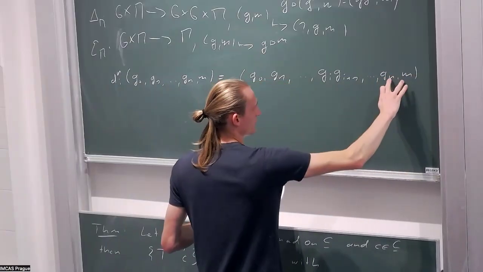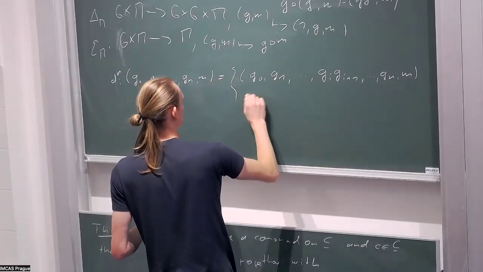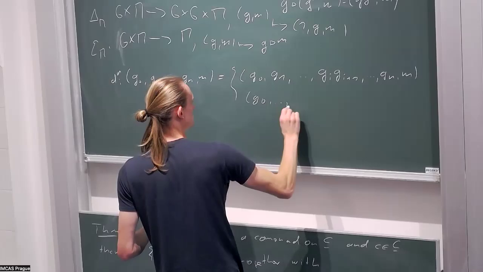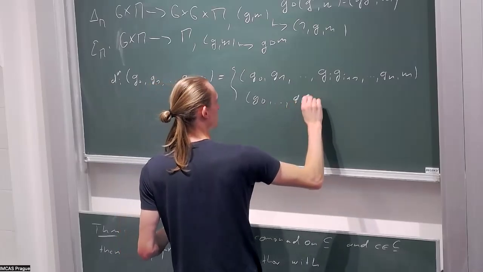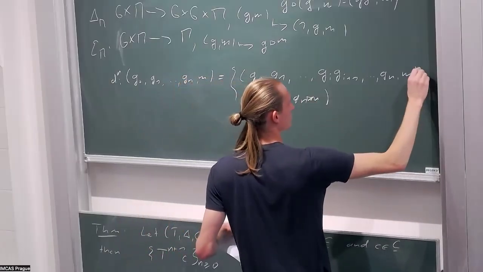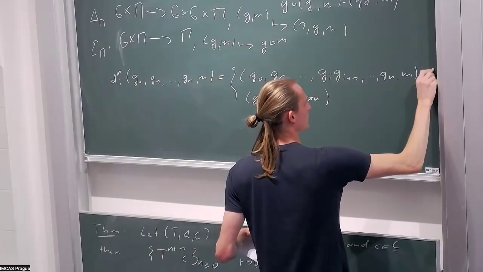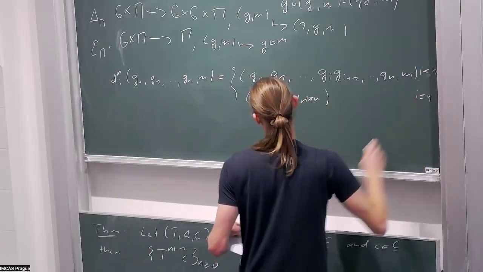And when I'm at the last entry, I multiply g_n and M. This is when i is less than n, and this is when i equals n.